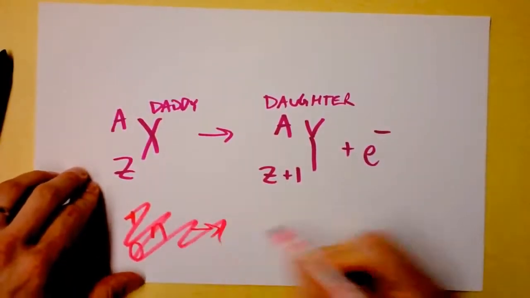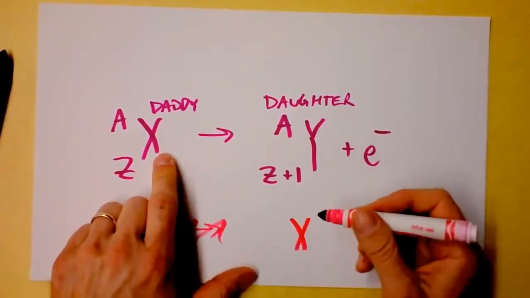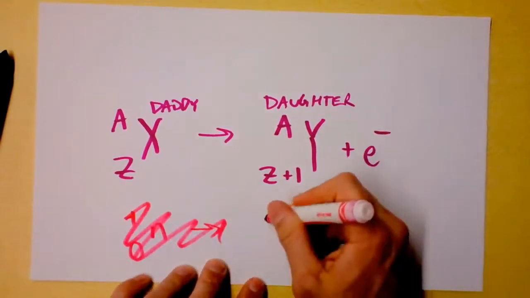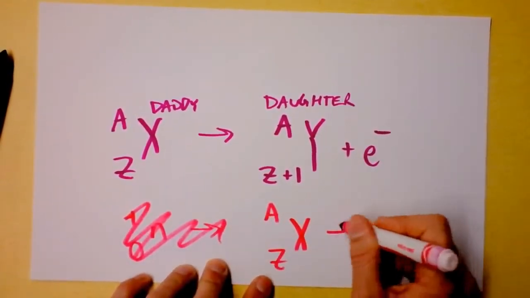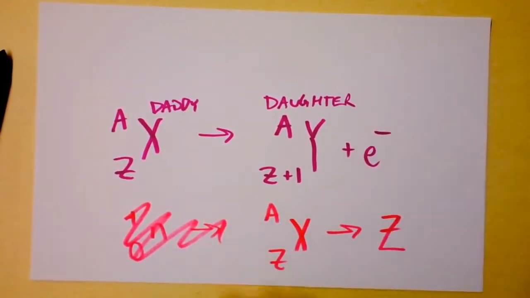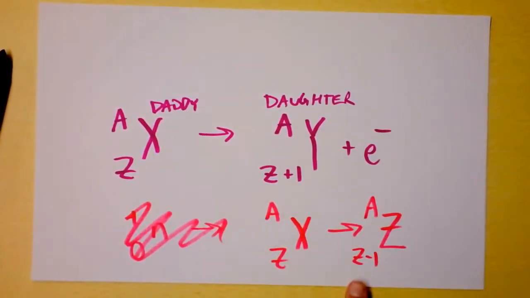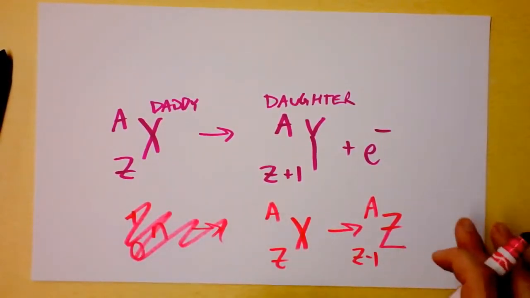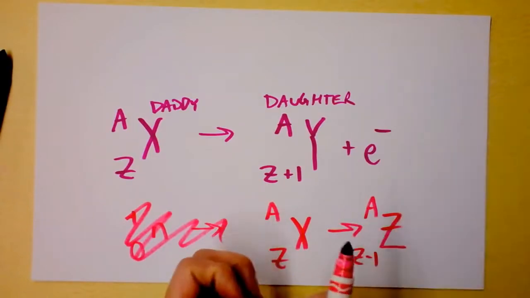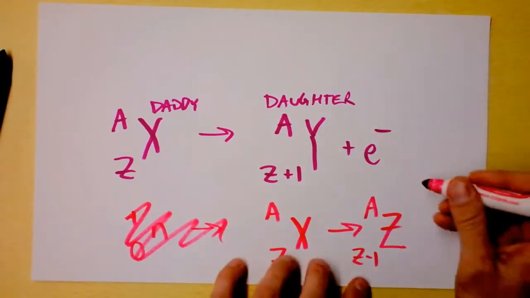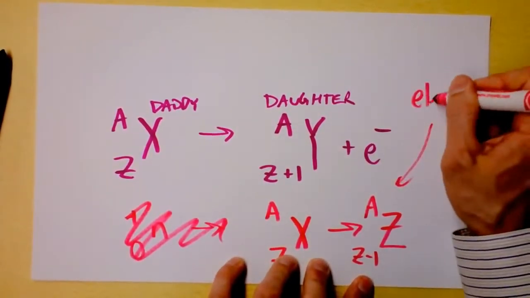What I am going to talk about is that the daddy, in the case of a positron coming out, will turn into some different element where it's got the same A, but one fewer proton, because it's like a proton captured an electron, and that's sometimes called electron capture.